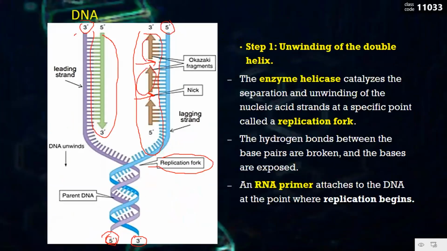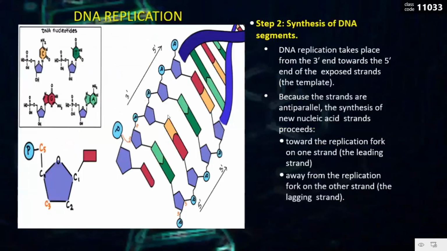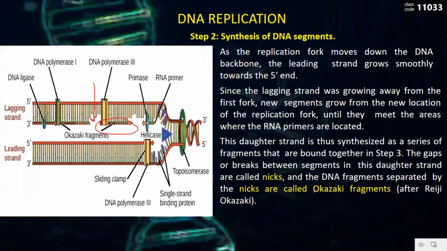Yan yung mga fragments natin, and we call those fragments Okazaki fragments. So, kapag nag-exam kayo, basahin nyo mabuti. Baka sounds like Okazaki lang yun ay sinagot ninyo. Read carefully during exams. Okazaki fragments, from a scientist named Reiji Okazaki.